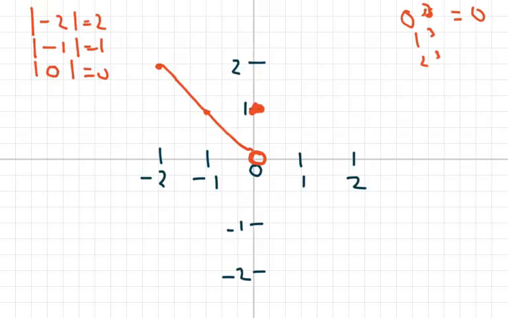So 1 cubed is 1, 2 cubed is 8, and so forth. And you should know what y equals x cubed looks like. It's that odd function that looks like a curve. I don't want to draw it, but at 1 we have 1. At 2 we have 8, which is way up here somewhere.